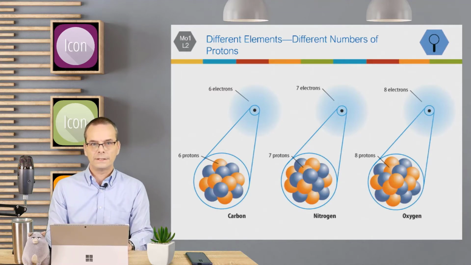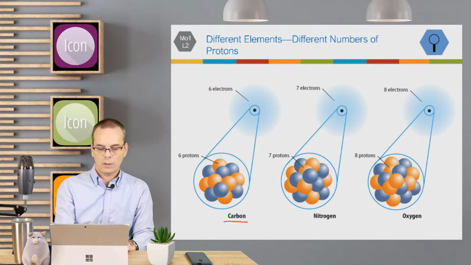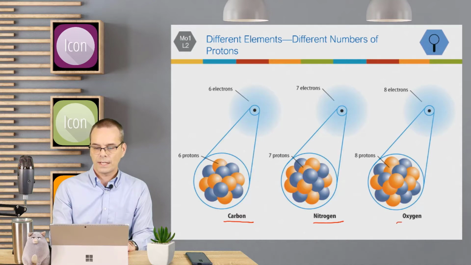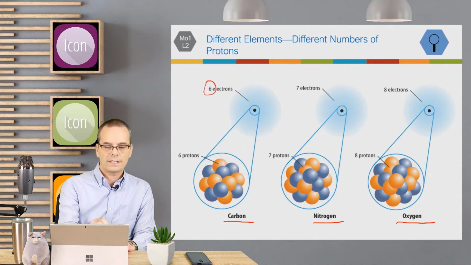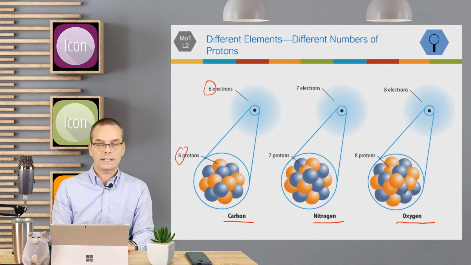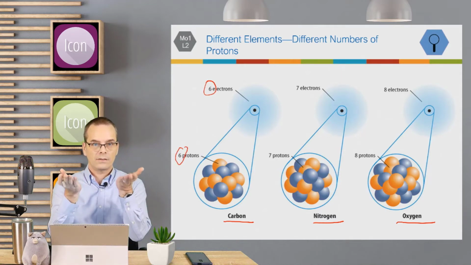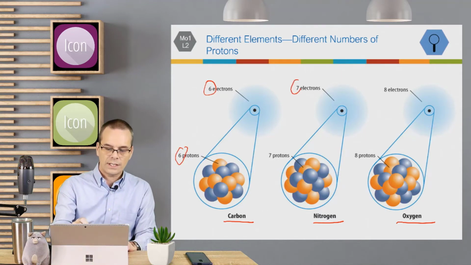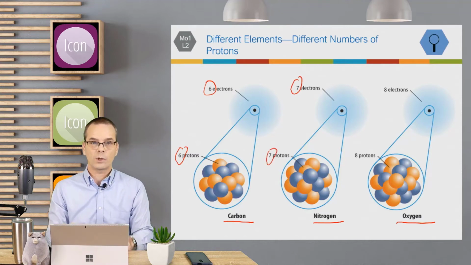So here we have an example of carbon, nitrogen, and oxygen. You can see that carbon has 6 electrons and 6 protons, so it's balanced. Nitrogen has 7 electrons and 7 protons, balanced.